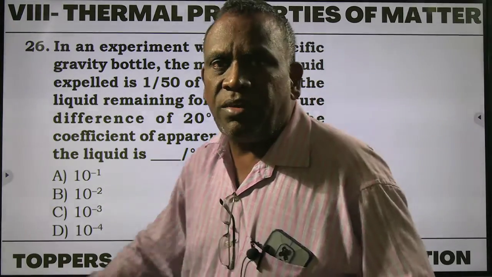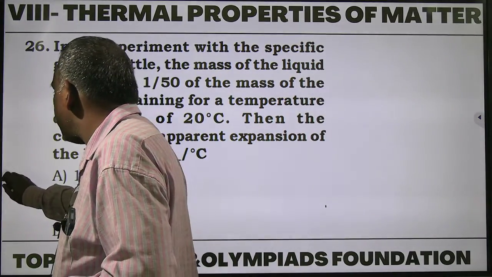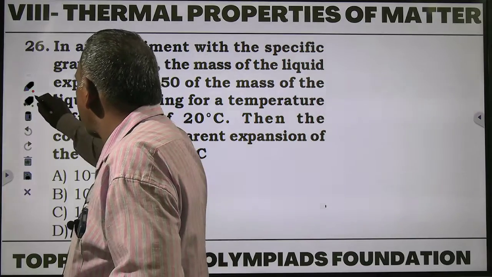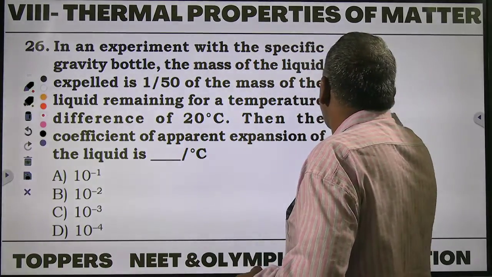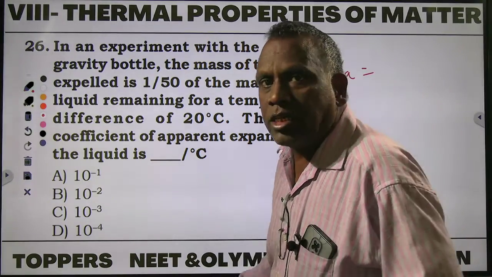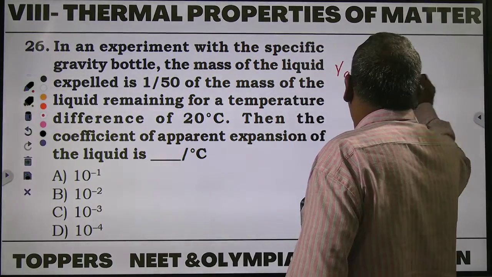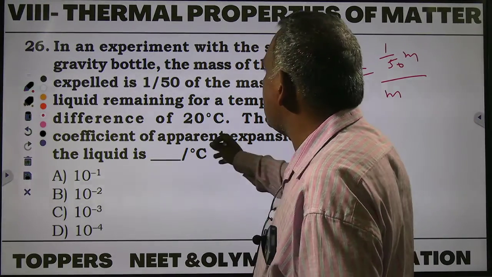Here 1 by 50th mass of liquid is expelled from the specific gravity body. See, that's why you have to take here. So the coefficient of apparent expansion is nothing but the mass of the liquid expelled, that is 1 by 50th mass, over the original mass of the liquid, m, into the change in temperature. What is the change in temperature?